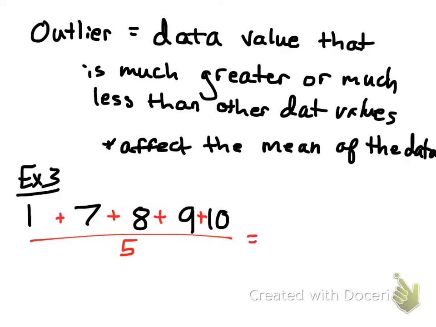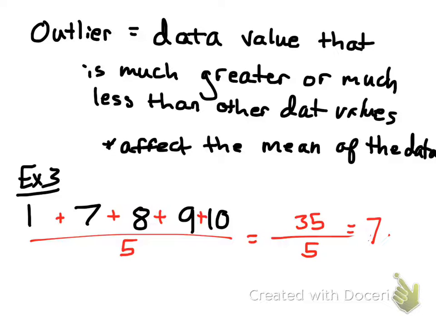That's going to equal 35 divided by 5. Now in this case, the number 1 doesn't really throw off your data a whole lot. So 35 divided by 5 is 7.